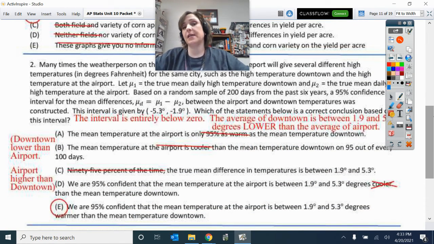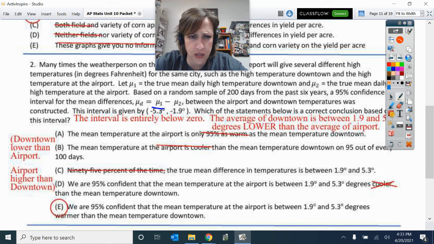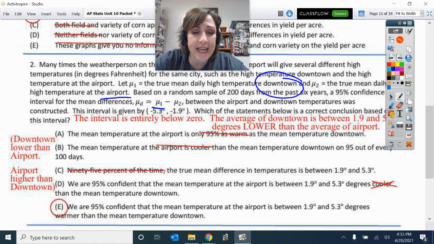So here, mu1 was downtown, mu2 was at the airport. So you're doing downtown minus the airport, and I get a negative. If downtown minus the airport is negative, downtown has to be lower.